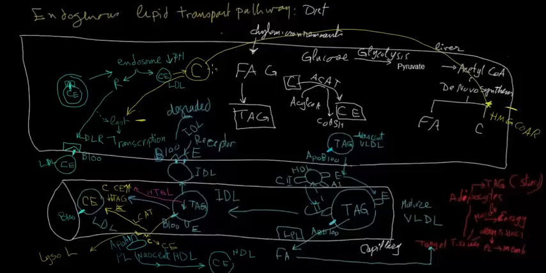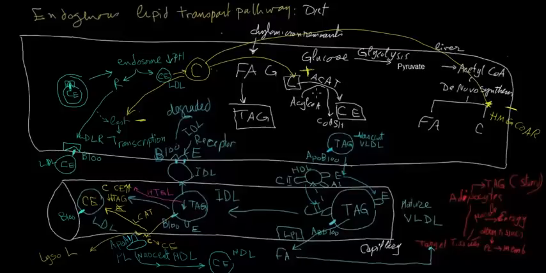A third mechanism is that if we have high cholesterol level, this is going to upregulate the enzyme ACAT. So the ACAT of the liver is going to be upregulated, is going to be stimulated. So it's going to transfer an acyl group from acyl-CoA to cholesterol.